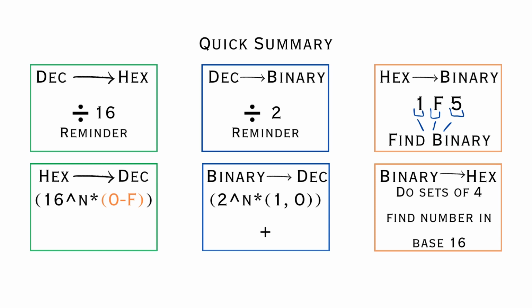And we need to multiply it by 1 to f. For example, if we get a, we need to do 1 times 16 to the n, depending on where the a is. If it's in the first position, a is 10, so it's 1 times 10. And we need to make sure we are adding them, if there's more than one unit.